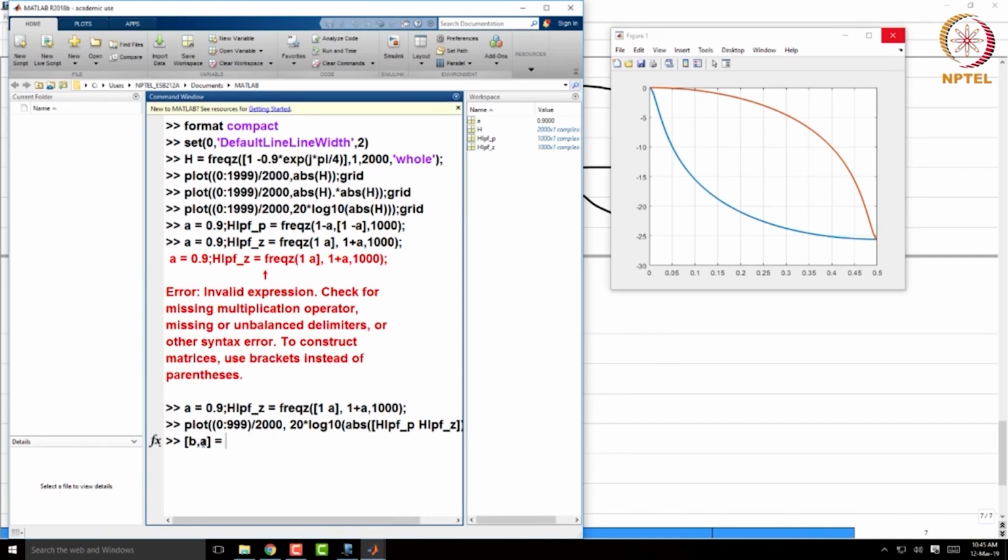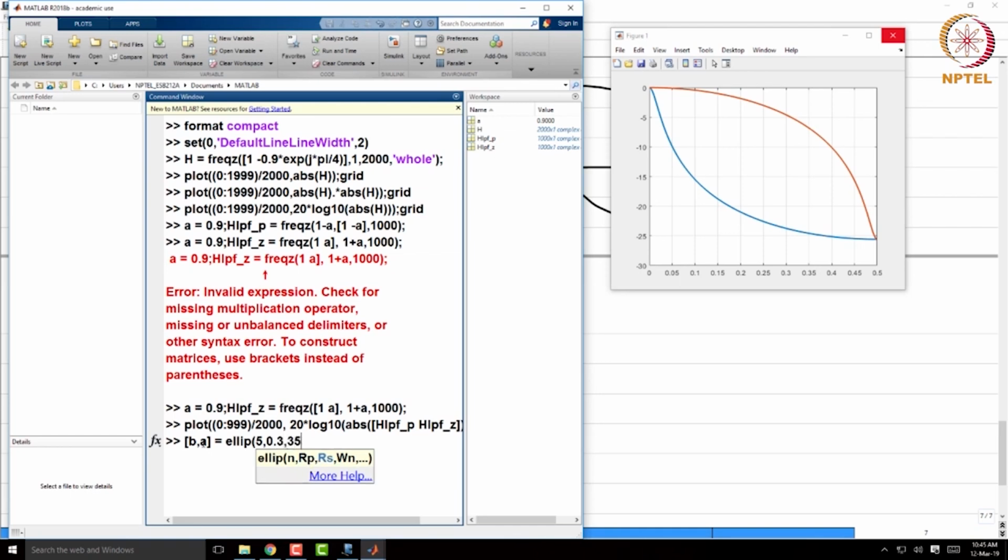To illustrate this point, let me design a low pass filter. This is what is called an elliptic filter. You will not know the details of this unless you take a course on digital filter design. I will just design the filter and then show the characteristics, the pole zero plot and the frequency response. So this is a 5th order elliptic filter.